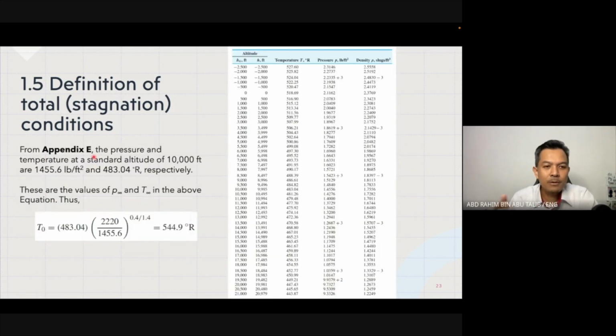Using information from Appendix D at the back of the Anderson book, you have a table of standard atmospheric values at various altitudes. The aircraft is flying at 10,000 feet, where the density is 1.4556.